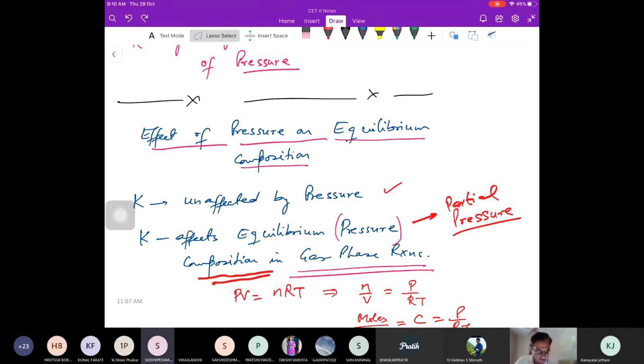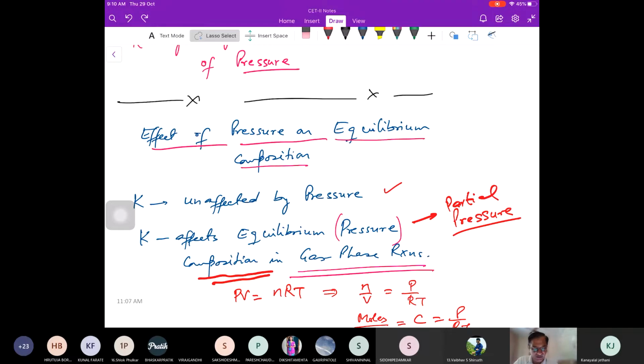The reaction proceeds in the direction where the number of moles are less. No, not exactly. You are talking about a specific case. Le Chatelier's principle is very general, which says that if I introduce a kind of disturbance on a reaction, like if I increase the pressure, right?